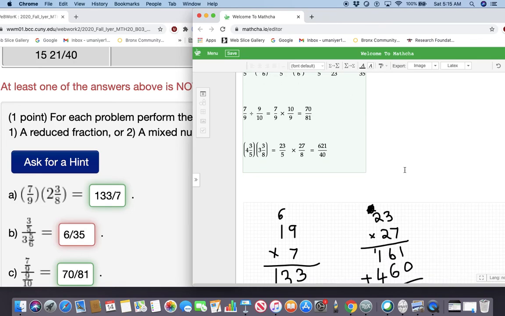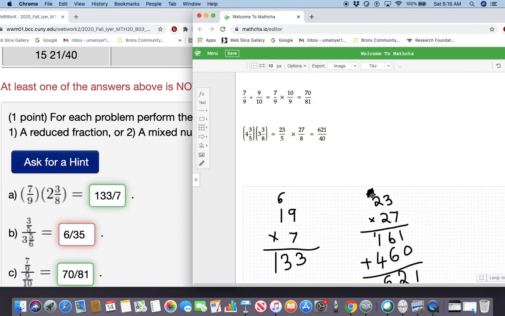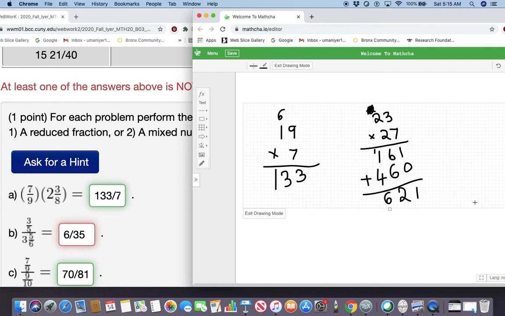And I need to multiply 5 times 23. 5 times 3 is 15. 5 times 2 is 10, plus 1 is 11.